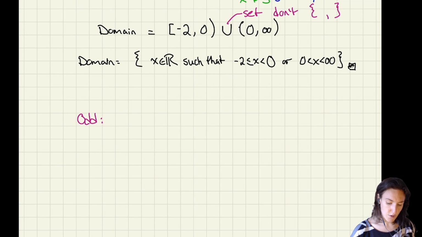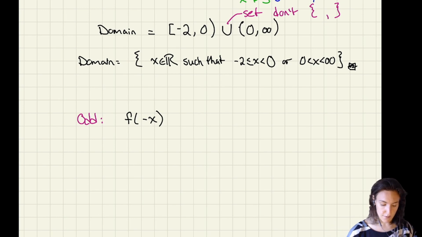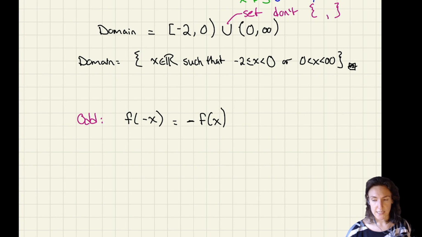For these graphs, there's also some additional information here. If you have some sort of f of x is equal to something, but the x that you put in is a negative value, and then when you apply f to that value, you can write your formula f of x and then put a negative out front, that's an odd function.